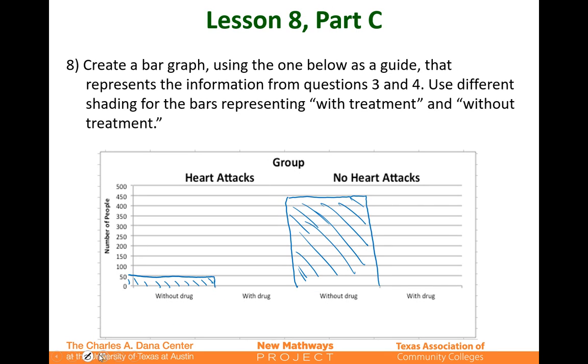If we use that drug and we cut that risk in half, there'll be a slightly smaller bar. It's going to fall to 25. And we will have slightly more that do not have heart attacks.